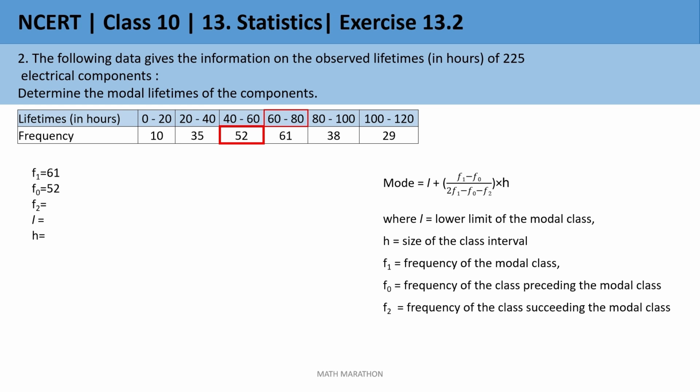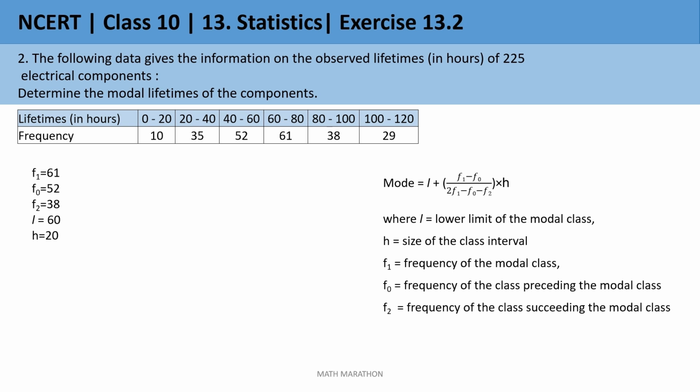F0 is 52. F2 is frequency of the class succeeding the modal class. F2 is 38. L is lower limit of the modal class. L is 60. H is class interval. In class, 20 minus 0 is 20. Class interval H is 20.